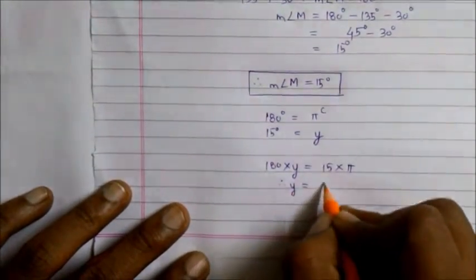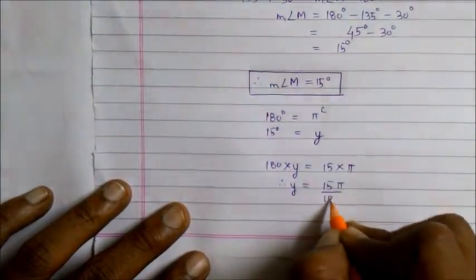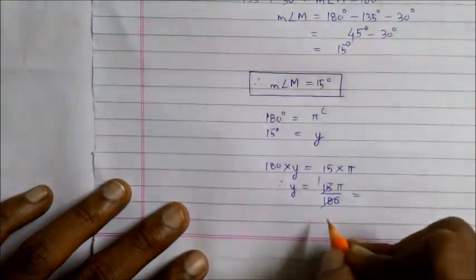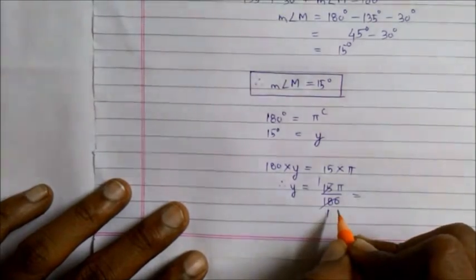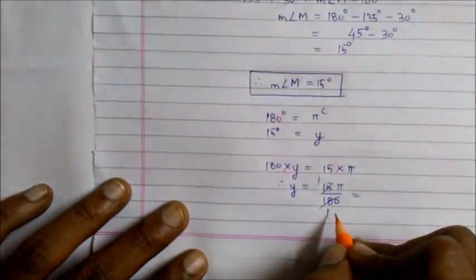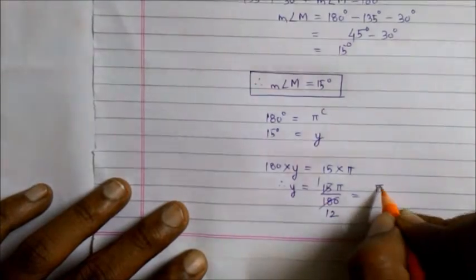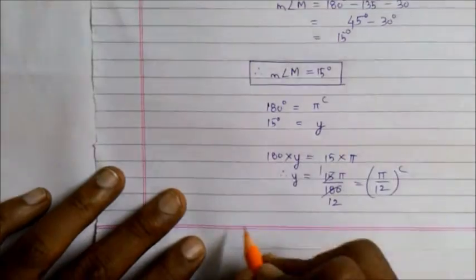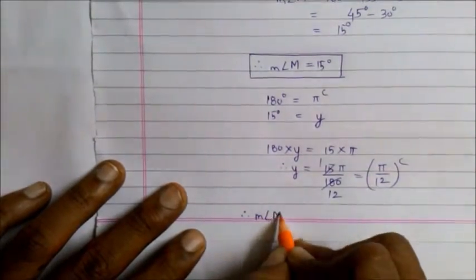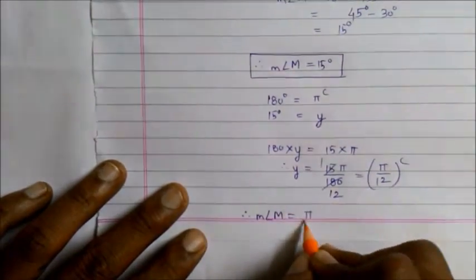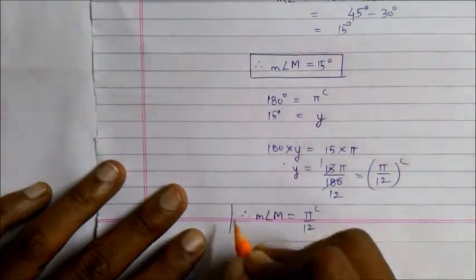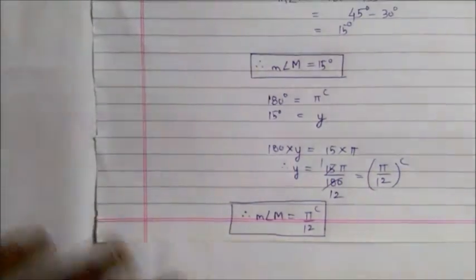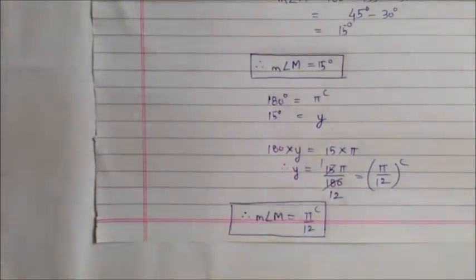Therefore y will be 15 pi upon 180, which will be pi by 12. So the measure of angle M in radians is pi by 12. Hence we have obtained the solution to this problem.